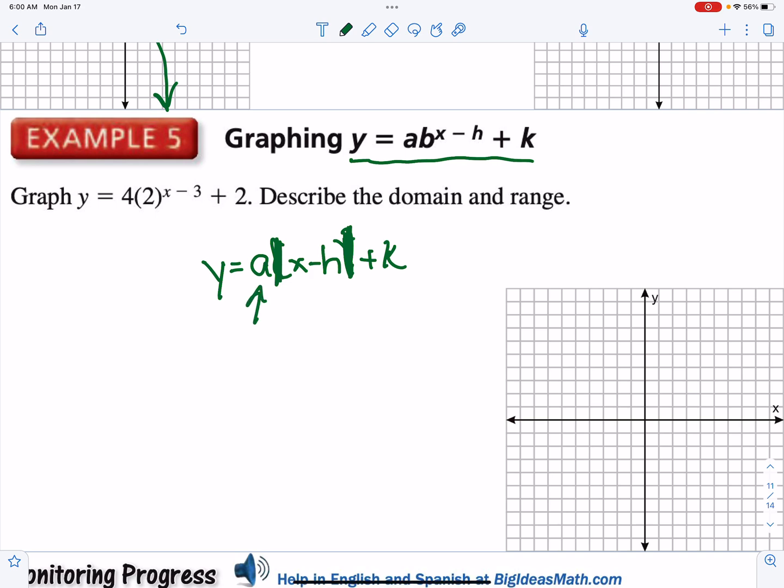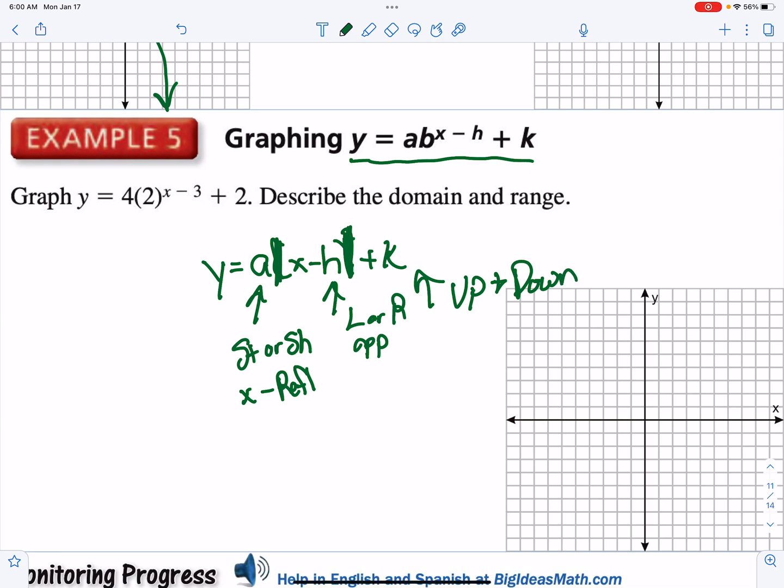Earlier on in the year, we said this is going to be a stretch or shrink, and it's also going to control whether we have an x reflection. We know that h is going to move it left or right, and it's going to be opposite what we think. And k moves it up and down.